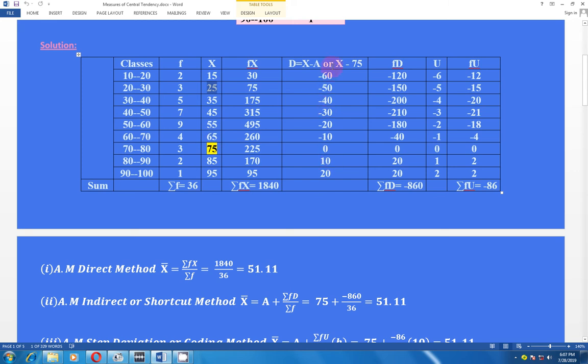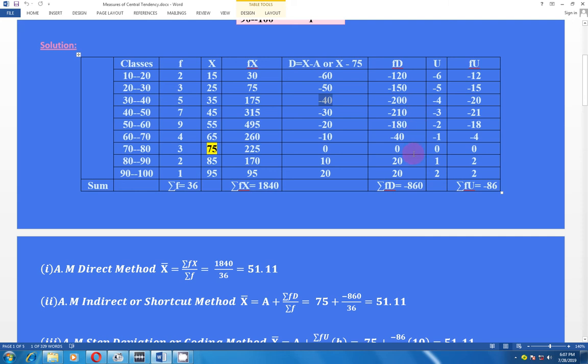And after obtaining the values of d, we simply multiply these d values with f values. So minus 60 multiplied by 2 is equal to minus 120. Minus 50 multiplied by 3 is equal to minus 150. Minus 40 multiplied by 5 is equal to minus 200, and so on.